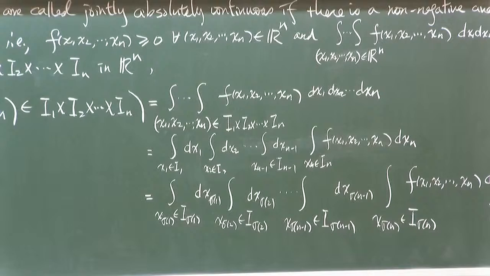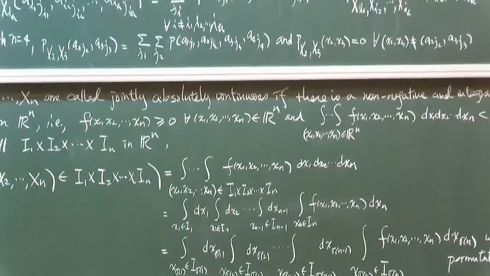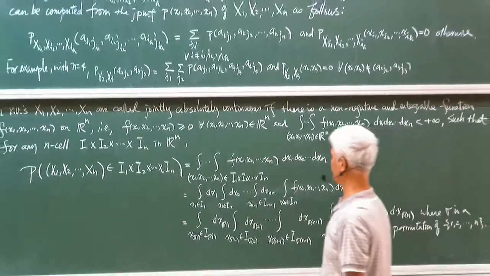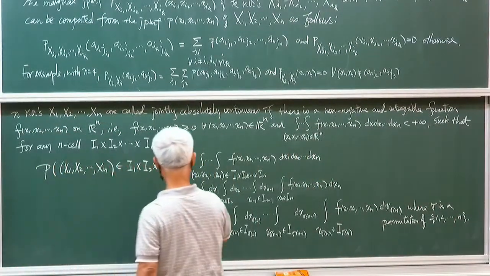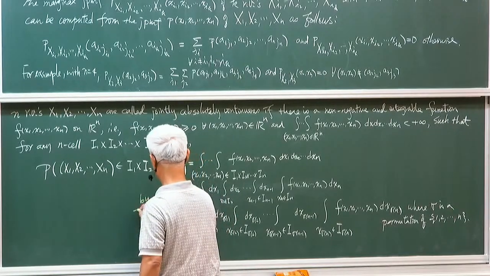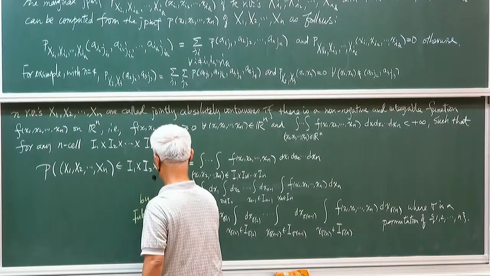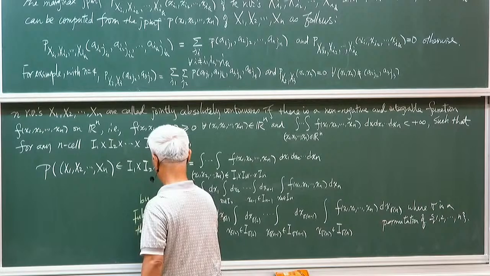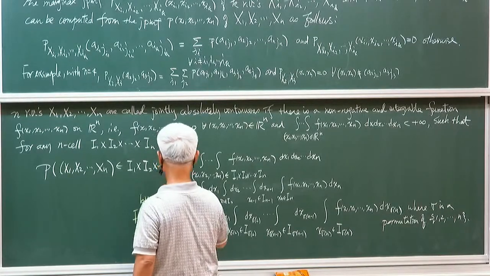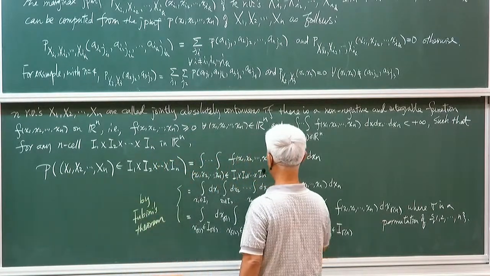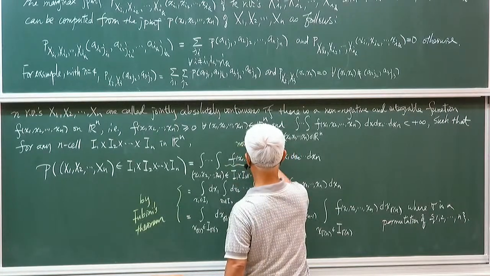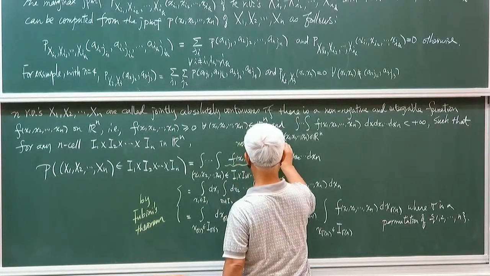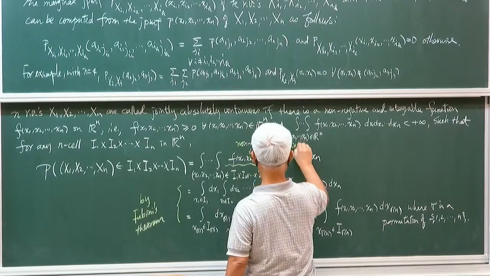Okay? So it's just a permutation. And this is by Fubini's theorem, because the integrand is non-negative and integrable.